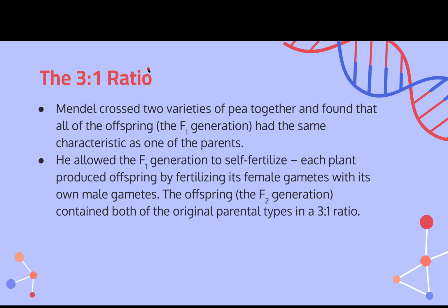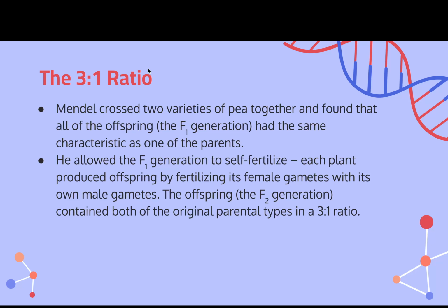The next is the 3-to-1 ratio. Now, this is the standard ratio that he talked about. Mendel basically crossed two varieties of pea together and found that all of the offspring, or the F1 generation, had the same characteristic as one of the parents. He allowed the F1 generation to self-fertilize, which means that they had the same exact pair of alleles.